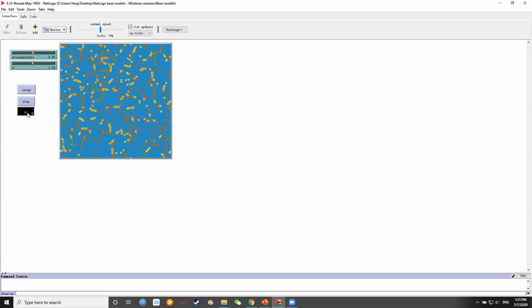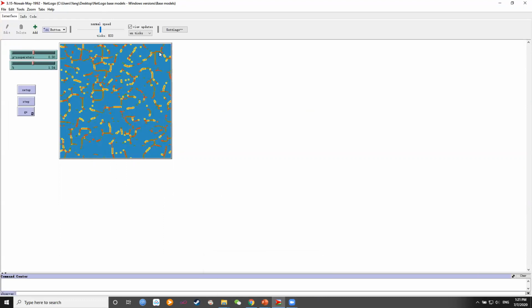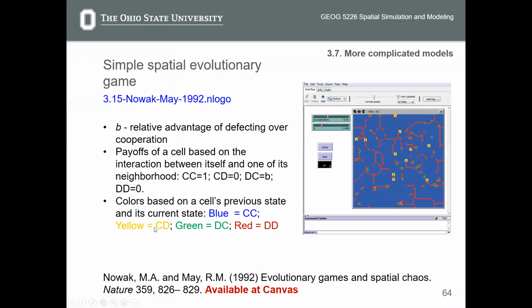It's more frequent that cells are changing between yellow and green, which means that bad people, defectors, and cooperators do not change very frequently. Instead, yellow and green, these blinkers, are changing continuously between cooperator and defector.